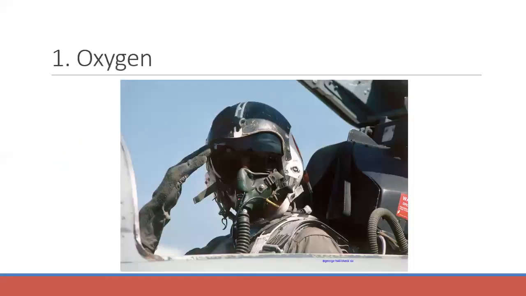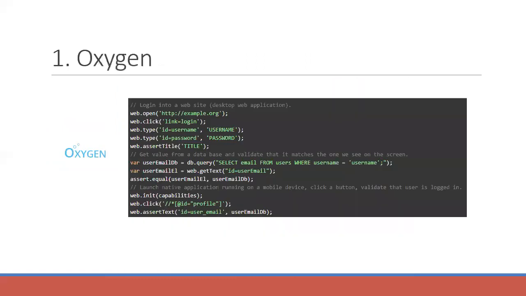There is another one, Oxygen. I don't know if you guys had a chance to be at the previous meetup by our friends. They actually introduced Oxygen over there. It's a framework from Israel, and I kind of like it because, as you can see here, it's JavaScript now, so no Gherkin syntax.